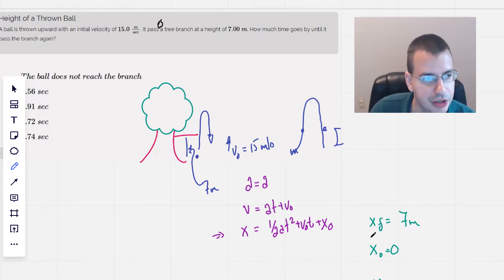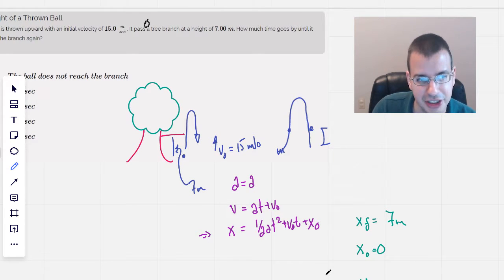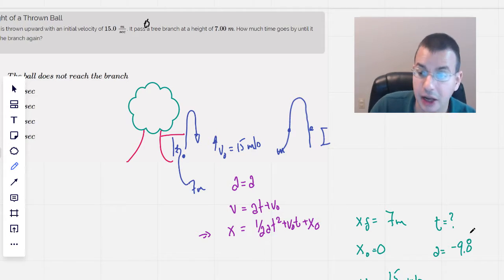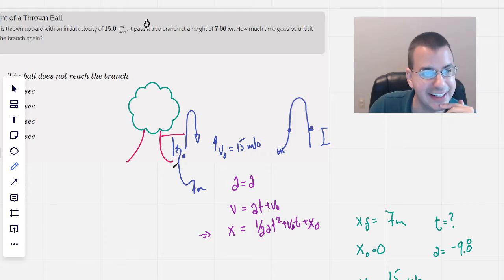Initial velocity equals 15 meters per second, in the upward y direction. t equals question mark, and acceleration equals negative 9.8. A lot of times on the AP exam, you'll just assume that acceleration is negative 10, which makes the calculations easier.